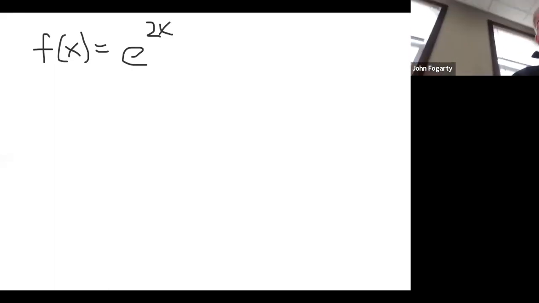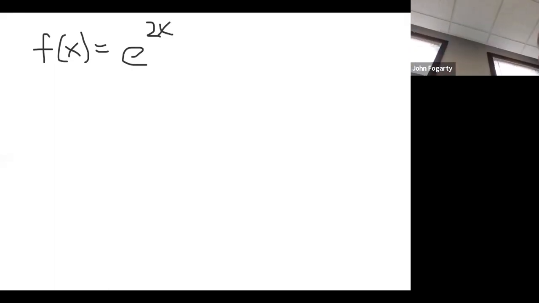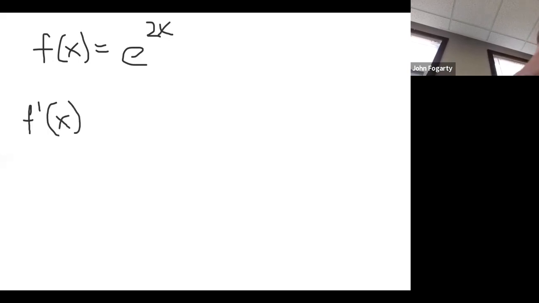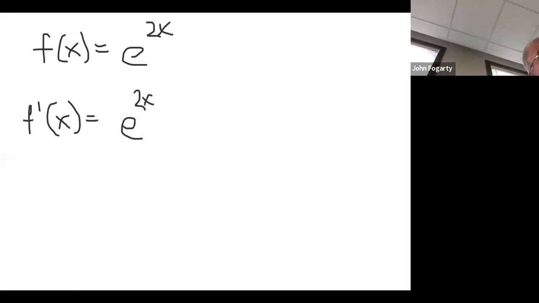F of x equals e to the 2x, right? Doesn't say e to the x, says e to the 2x. So the first thing you do when you have e in a composition is copy down what it is, because the derivative of e to the x is e to the x.